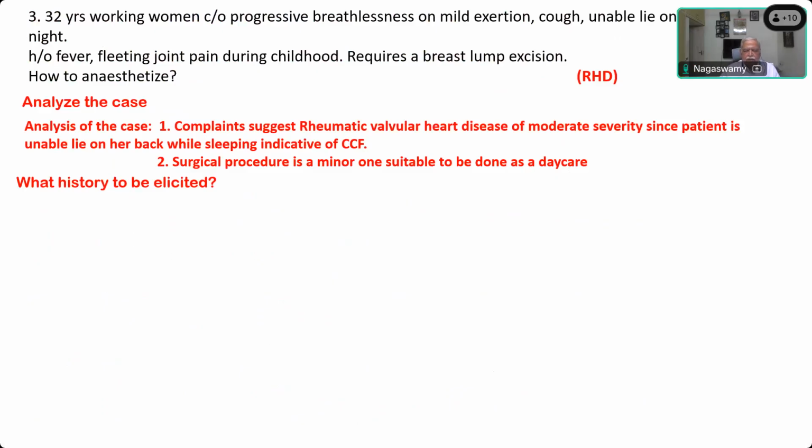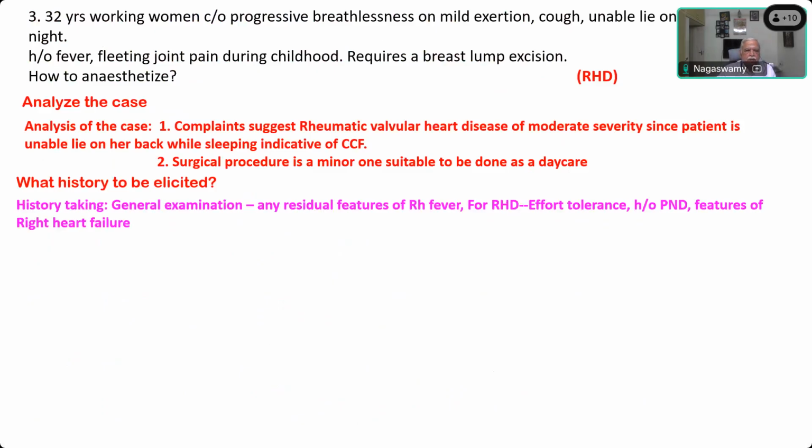Because examiners suddenly go on to ask all this. As I have told you in the discussion on mitral valve cases, the question may be entirely on rheumatic fever itself, instead of asking about the pathophysiology in mitral valve. Isn't it?